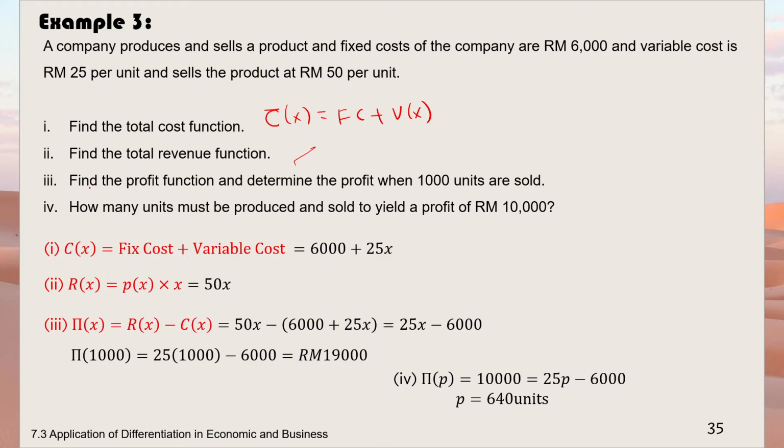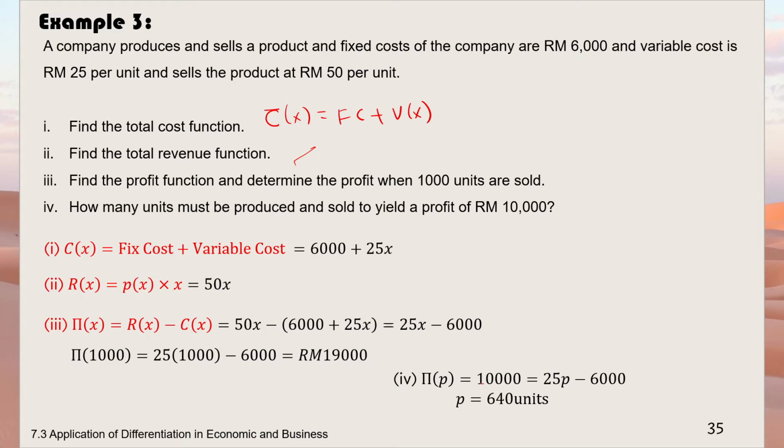Finally, they ask you to find the profit function and determine the profit when 1,000 units are sold. So you write the profit function and substitute 1,000 into it, and you get 19,000. How many units must be produced and sold to yield a profit of 10,000?